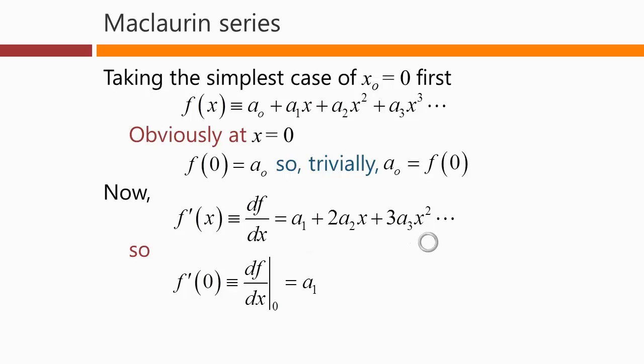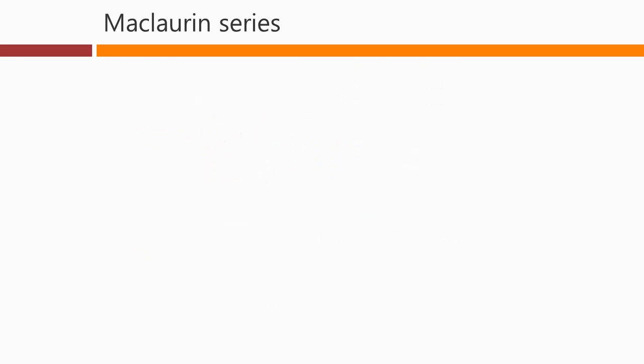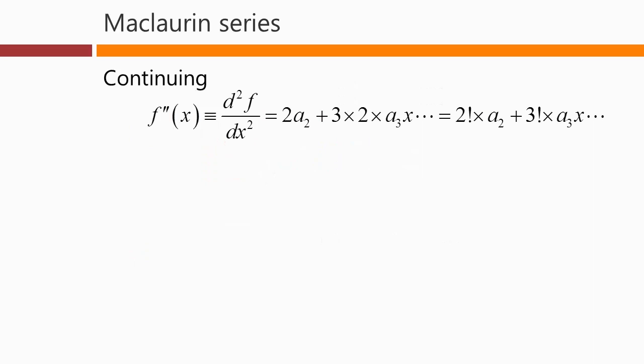Now, remembering this here, what we're going to go on and do next is find the second derivative. So we're going to be taking the derivative of this expression. So here is that derivative, the second derivative now, and we had 2a2x when we just looked at the derivative itself.